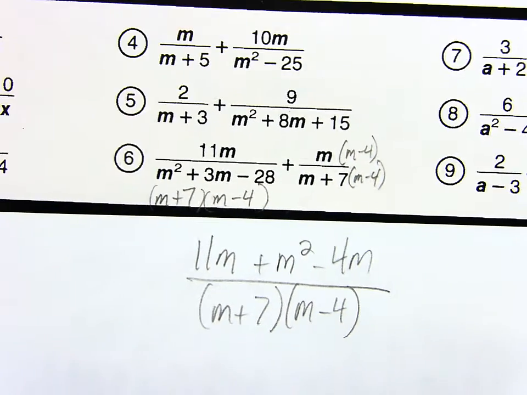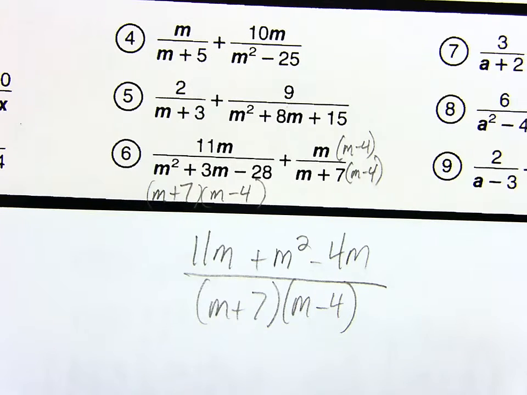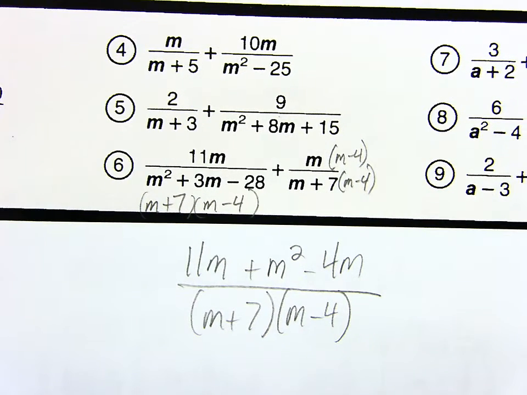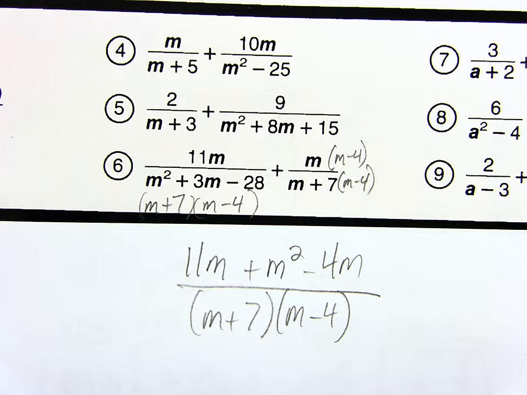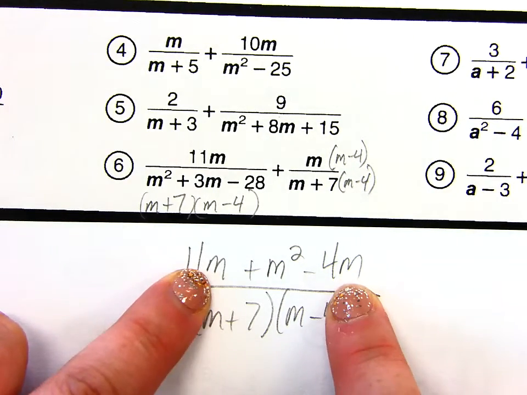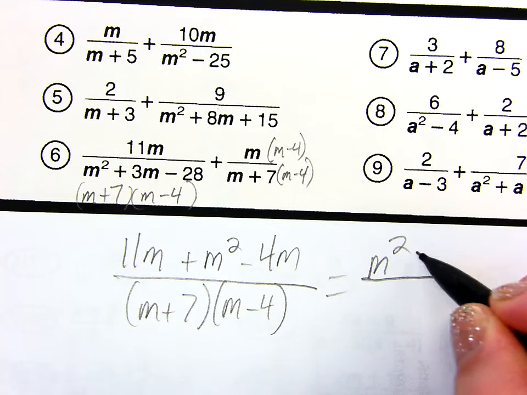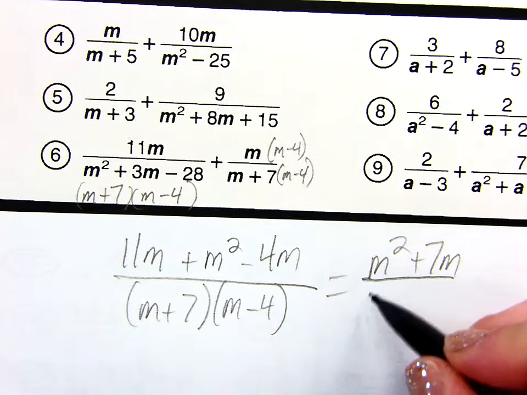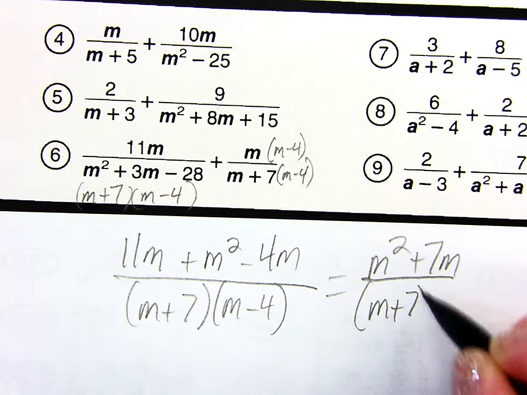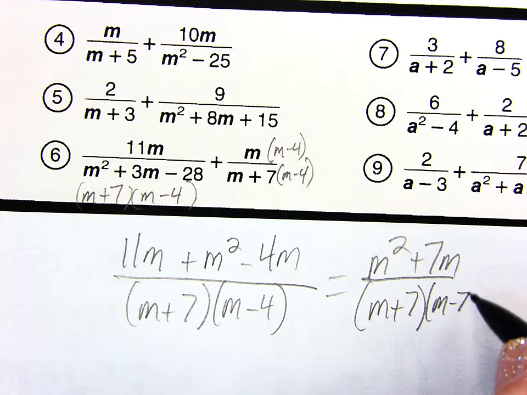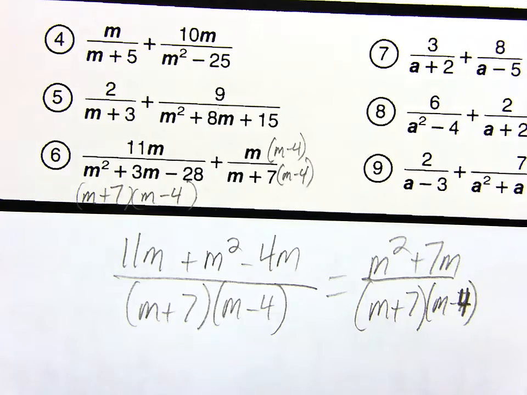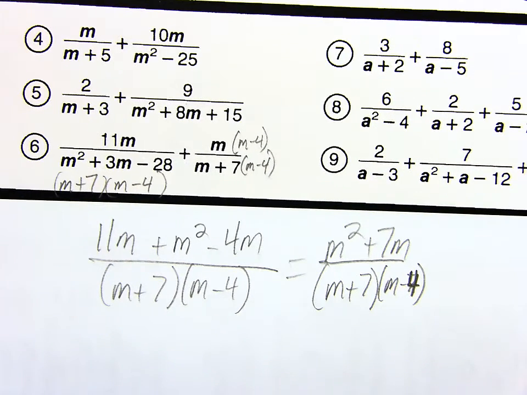Oops. So, are you guys in agreement with me so far? Yes. So, I got common denominators and I added them together. I do have like terms up here, so let me join them together. So I'll have m squared plus 7m all over m plus 7, m minus 4. Am I done? Is that a good final answer?